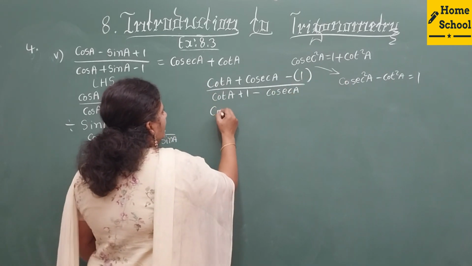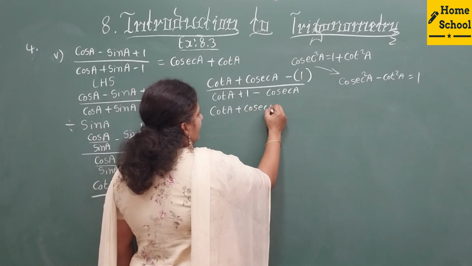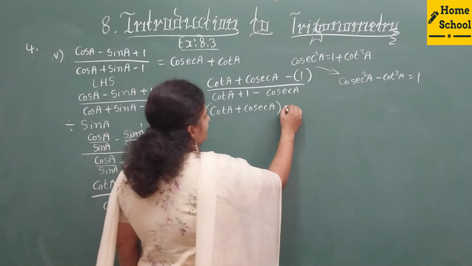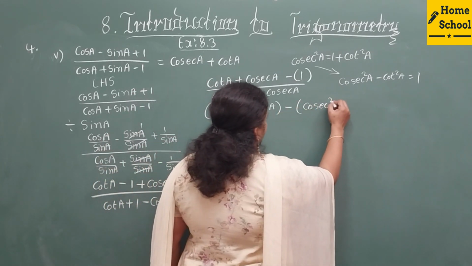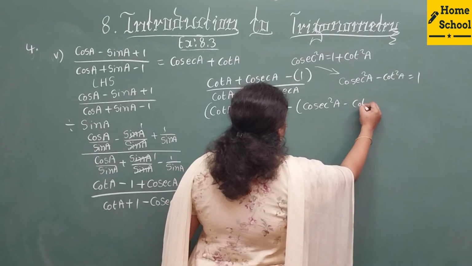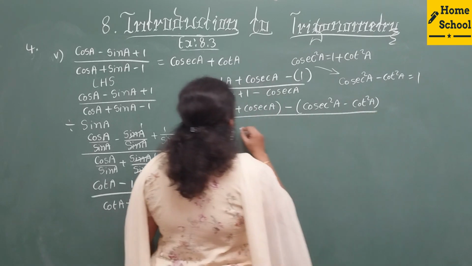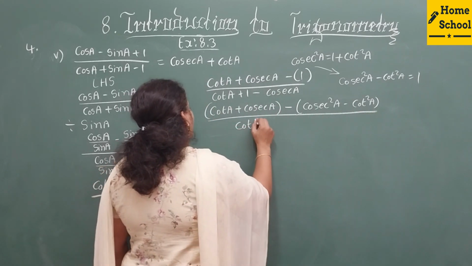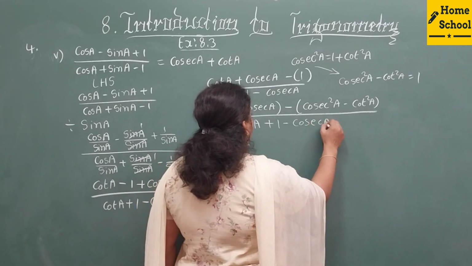Okay, cot A plus cosecant A, let me take this in brackets, minus cosecant square A minus cot square A, whole divided by cot A plus 1 minus cosecant A.